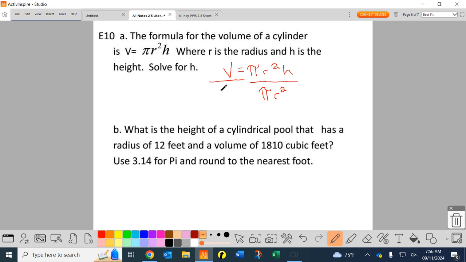So we're dividing both sides by pi and r squared, because my goal is to get the h by itself, because it said solve for h. So I am going to divide this pi out. I'm going to divide the r squared out, so that the only thing left on this side is h.